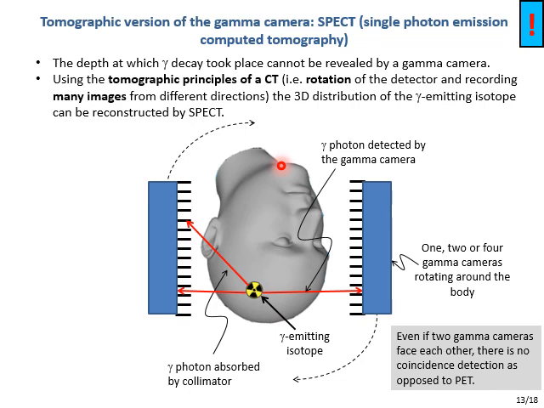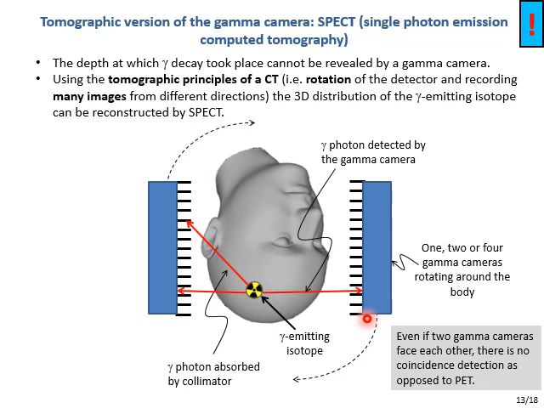And therefore, I'm not going to discuss the details of the imaging principles, but very briefly, different gamma camera images are recorded at different angles, and this is achieved by either having one single gamma camera recording several images from different directions of the same patient, or in more developed SPECT devices, there are more than one gamma cameras, two or three gamma cameras, and they capture an image, or if there are two gamma cameras, they capture two images at the same time.